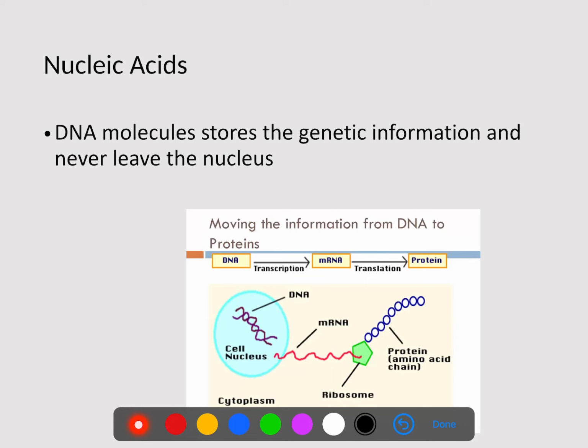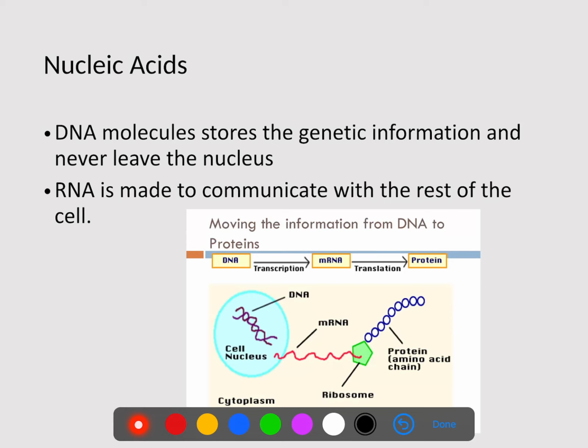So in this case, all the information that is found inside of your cells is actually found from a DNA molecule. So DNA molecule stores the genetic information and never leaves the nucleus. RNA is made to communicate with the rest of the cell. So our DNA is never going to leave the nucleus, but we have these instructions, the mRNA, which then leave the cell to our ribosomes to make our proteins.